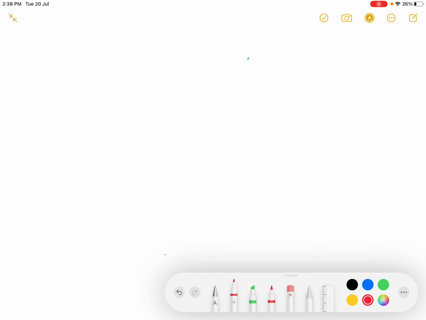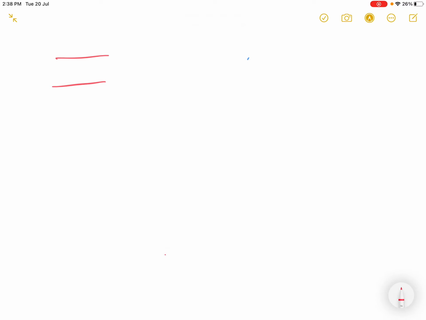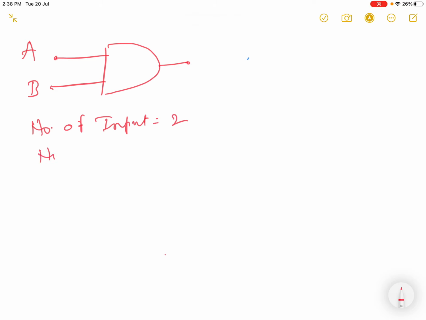So this is the symbol of the AND gate, in the form of a D. It has two inputs, number of inputs equals 2, and number of outputs equals 1.